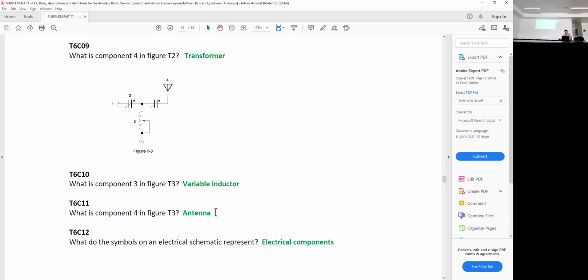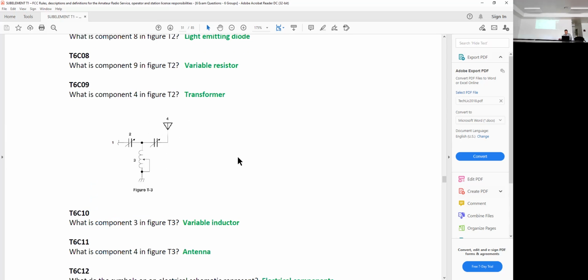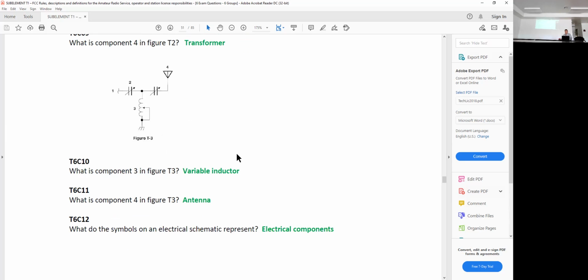Our favorite thing, component 4, is the antenna. Why do we like antenna gain better than transistor gain? Noise. And it's free lunch. You don't have to pay the power bill for it. Any questions so far?